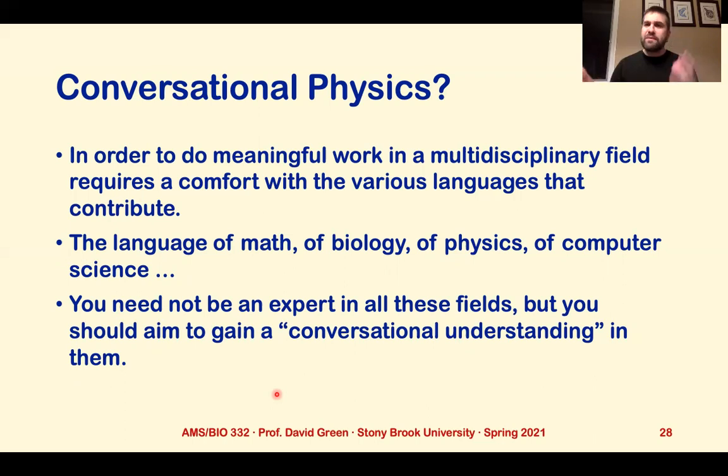You can sort of think about trying to aim not to become fluent or have a mastery of all of these fields, but to have enough of an understanding of the math.